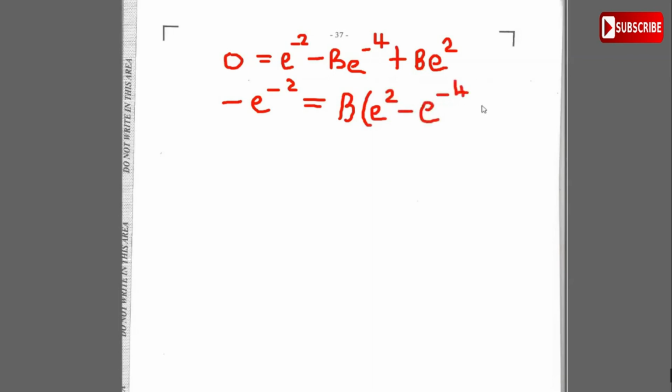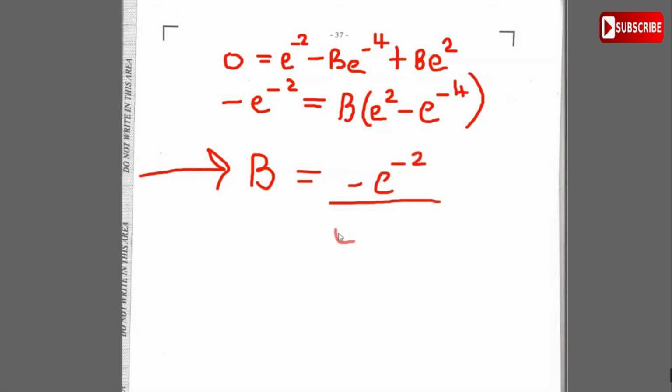Then we divide both sides by that, and so this implies that b is going to be equal to minus e to the minus 2 over e squared minus e to the minus 4.